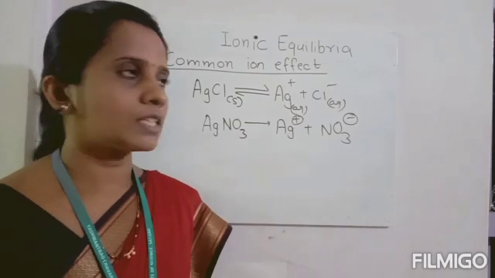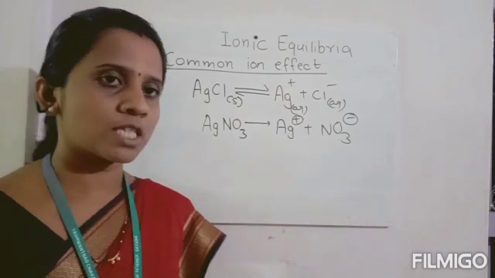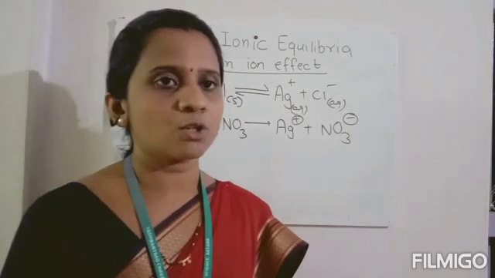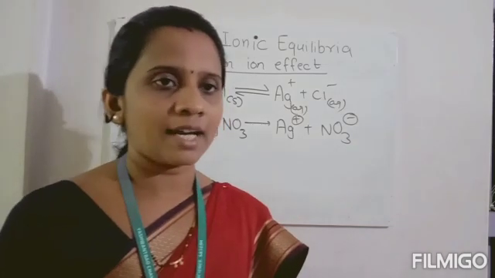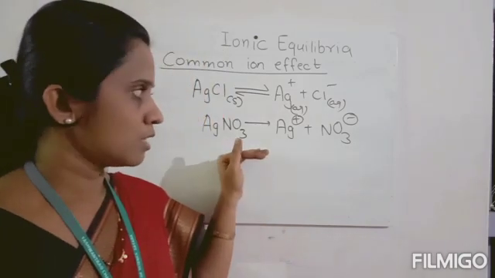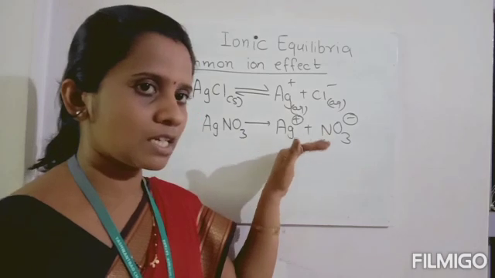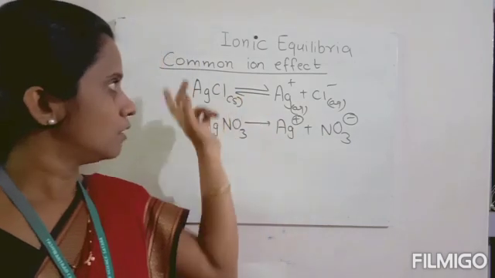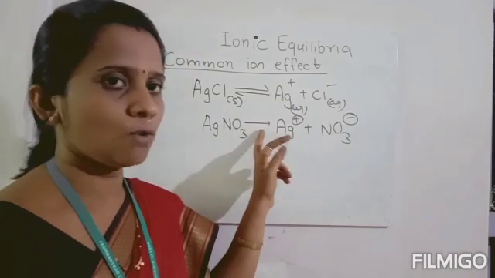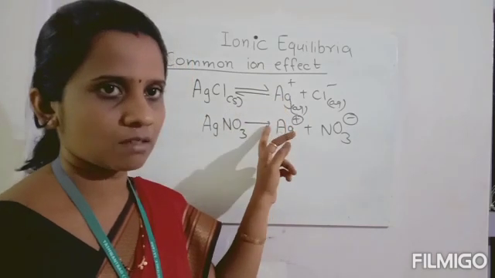So these are the examples which explain the effect of common ion. In first we saw depression in ionization rate, and in this example there is decrease in solubility of a given compound in presence of common ions.